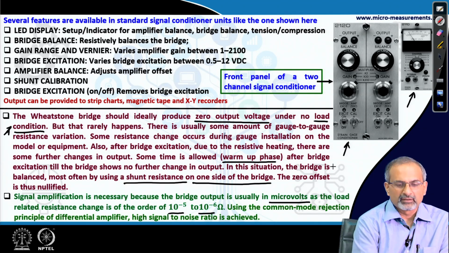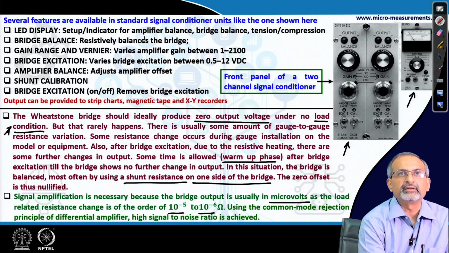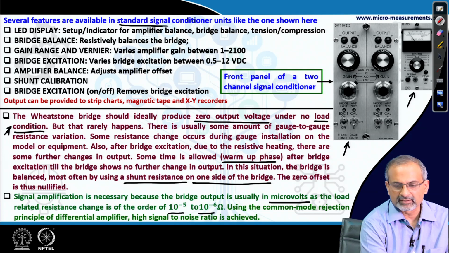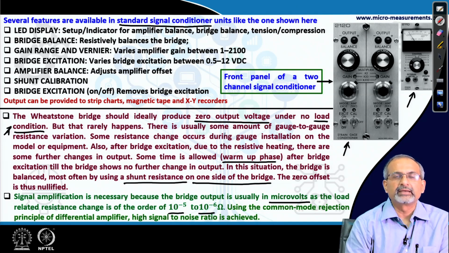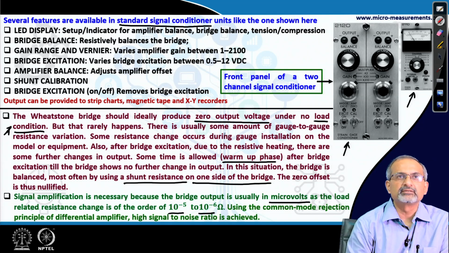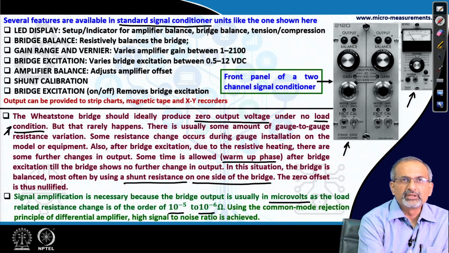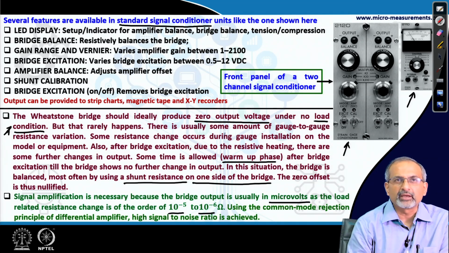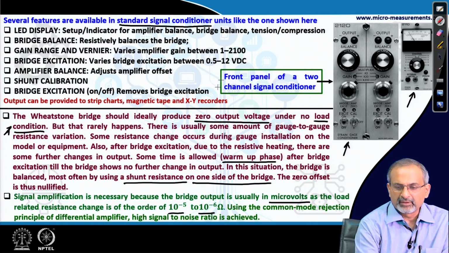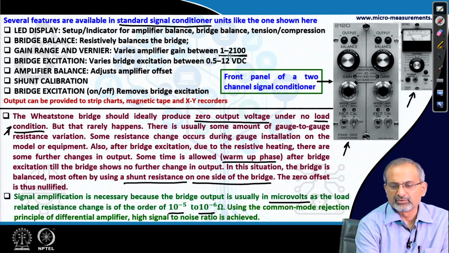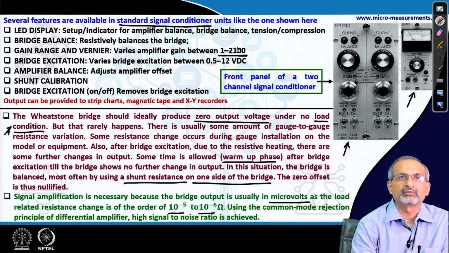So, some of the features which are available in a typical standard signal conditioner of this kind are there could be LED displays to show the setup indicator for amplifier balance, bridge balance, a tension compression situation, bridge balance which is to be achieved resistively, gain range and Vernier range which varies the amplifier gain over a wide range. Here in this unit it is between 1 to around 2000.